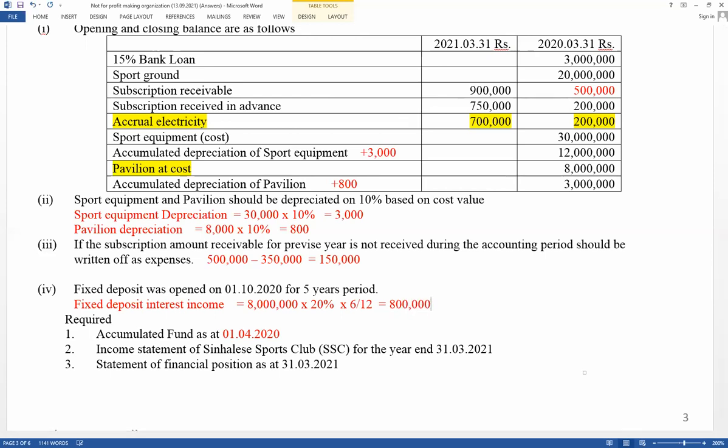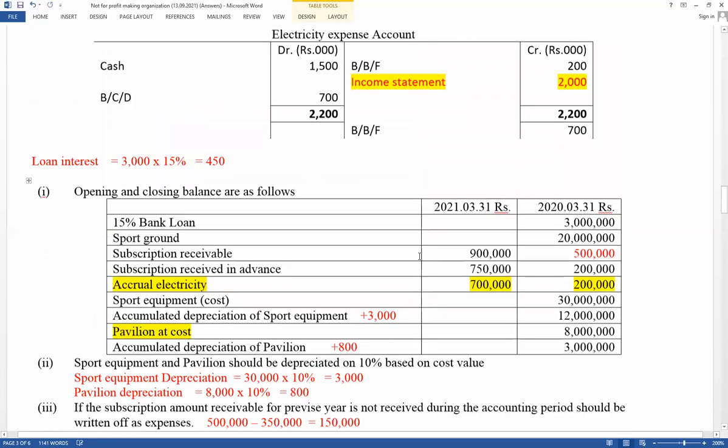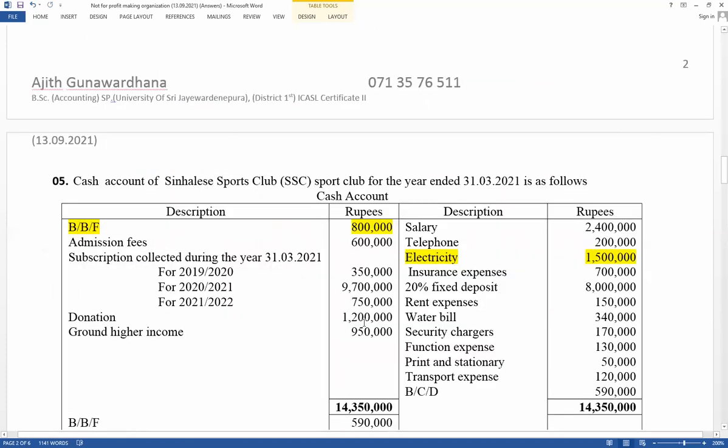Therefore, the 6-month income equals 800,000. Therefore, this value should be included under income, and it has not been received in cash. If received, it would be on the cash account debit side as FD interest income. But the cash account debit side has no FD interest income. It means FD interest income is not received. Therefore, FD interest income should be included in income as well as under current assets as FD interest income receivable.